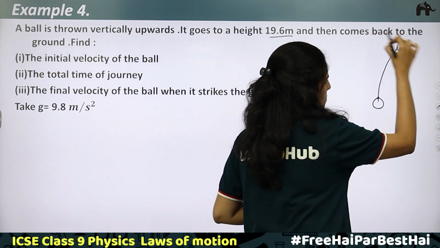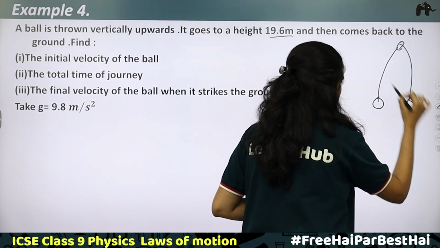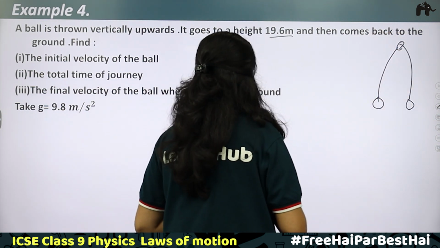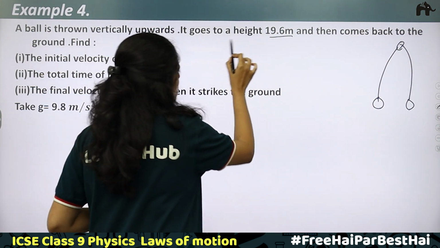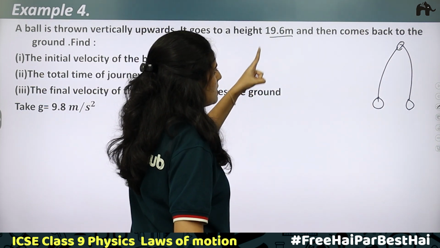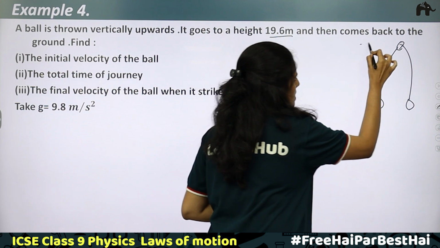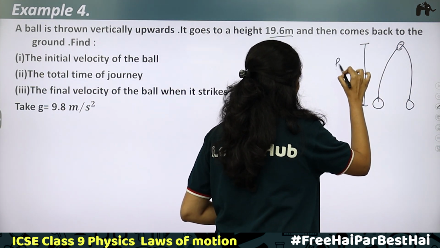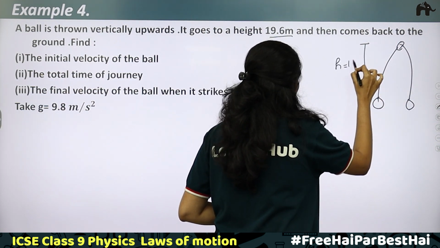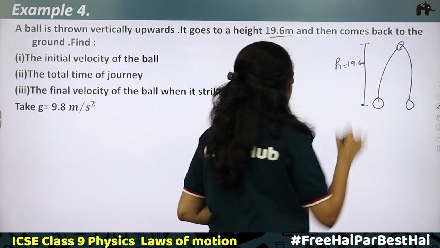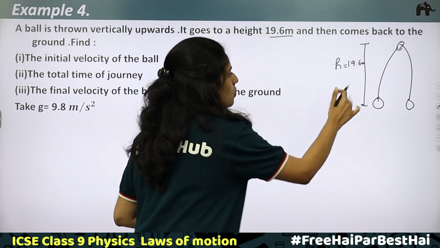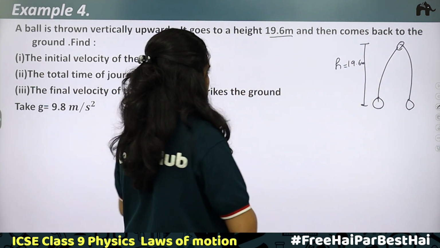It reaches the maximum height and comes back to the ground. What are the given quantities? It goes to a height of 19.6 meter, which means h is equal to 19.6 meter. We don't know what the initial velocity is.